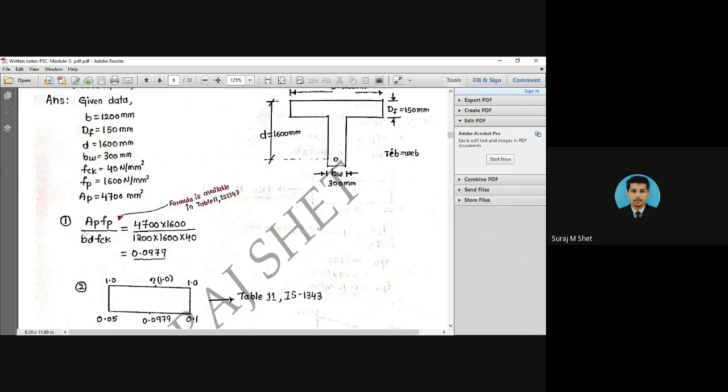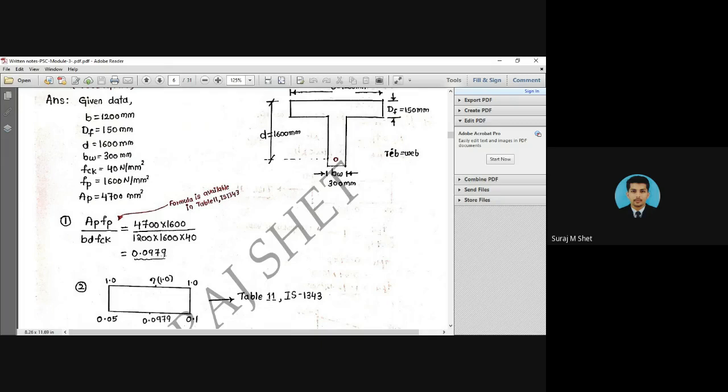The effective reinforcement ratio is equal to Ap fp divided by b d fck. The total area of the steel, tendon wire, is 4700, and fp, the characteristic strength of the steel, is 1600, divided by 1200 into 1600 into 40. So I got the effective reinforcement ratio as 0.0979.